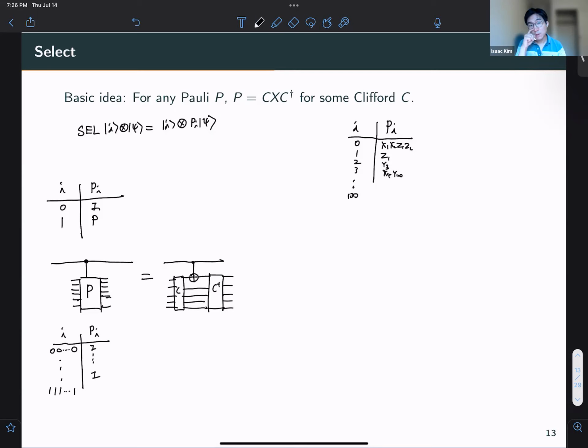If all the bits are 1, then I apply this Pauli P. So how would I do that? Well, that's also very simple. This essentially changes the single control into a version in which you have many control bits. All these black dots are controls.